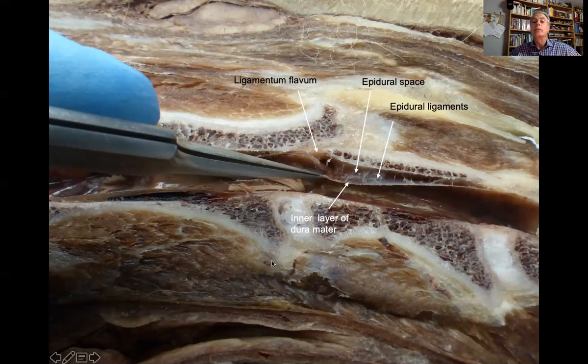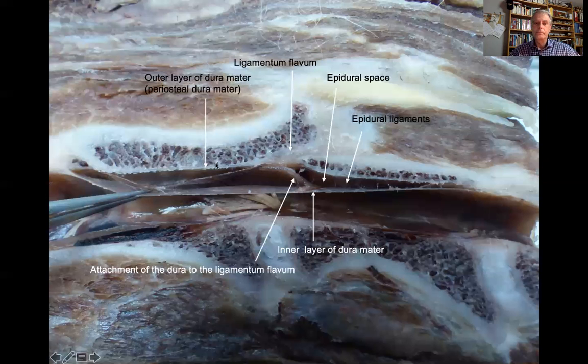Remember, they are very important to allow a proper movement, and they may be responsible for pain. Again, you see the inner layer and the outer layer is the periosteal layer, and these are the attachments. The attachments here, the epidural ligaments, and also the attachments to the ligamentum flavum.